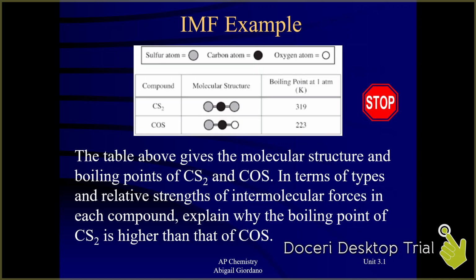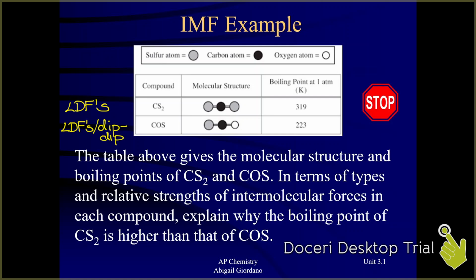CS2, I can see, is a completely symmetrical, nonpolar molecule, so it will experience LDFs only. COS, not symmetrical, so it will experience LDFs and dipole-dipole attraction.